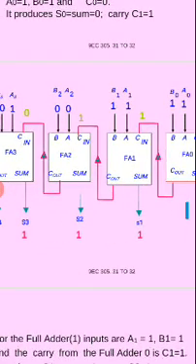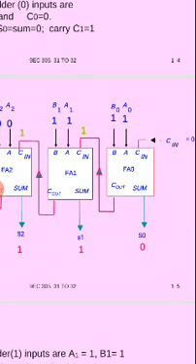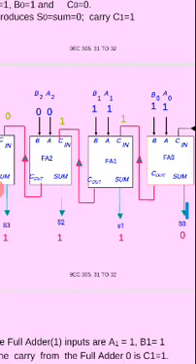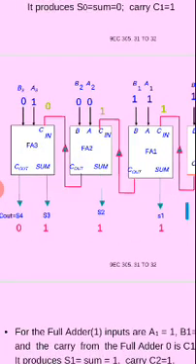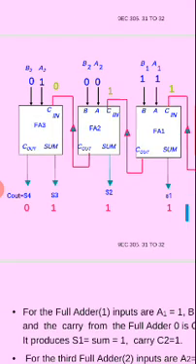Then S0 equal to 0, S1 equal to 1, S2 equal to 1, S3 equal to 1, output S4 0.